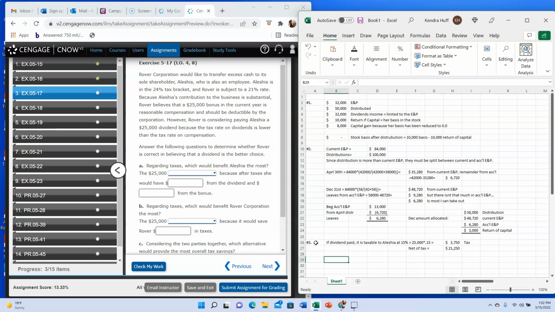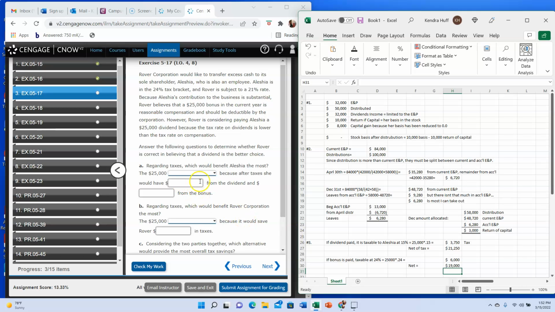All right, if bonus paid, it's taxable at 24%. So 25,000 times 24%, the net would equal 25,000 minus 6,000, 19,000.